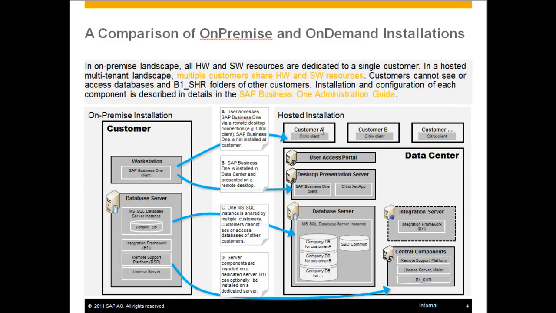It's very thin, very quick. I can walk up to pretty much any PC anywhere in the world, whether it's running the Mac OS, Linux, Windows, and I can attach to an SAP Business One on-demand installation and have that up and running in 5 minutes or less. Be attached and be logging onto the system and accessing it.